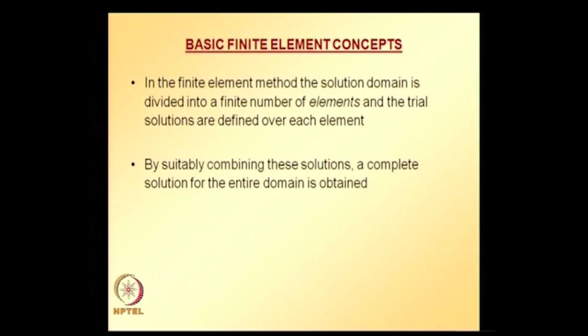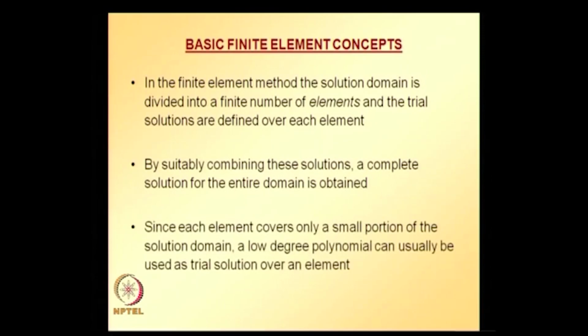That is what this means. The second point: since each element covers only a portion of the solution domain, a lower degree polynomial can usually be used as the trial solution over an element. That is, instead of going for a quadratic polynomial, you can use a linear polynomial.